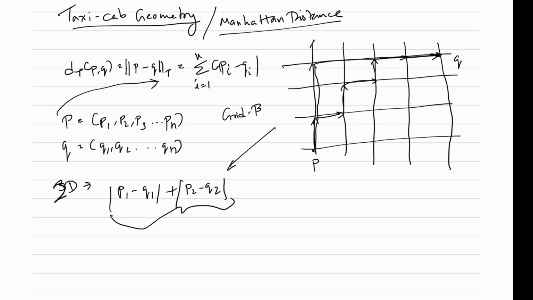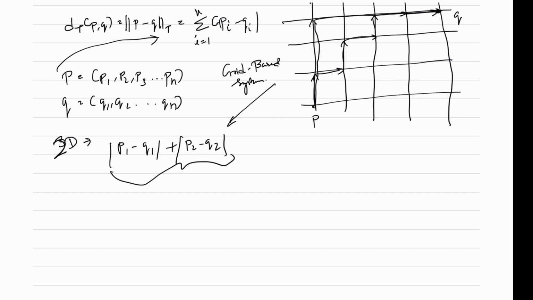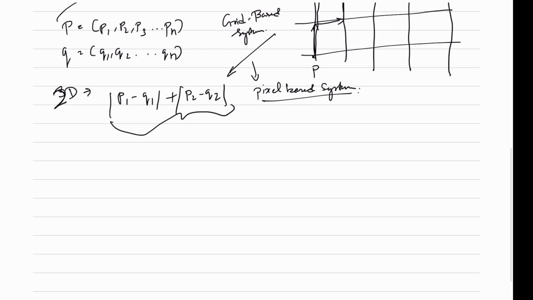So in a grid-based system, this is definitely useful, because in a grid-based system or in a pixel-based system, you can actually evaluate these formulas very easily. So there shouldn't be a big problem for that, right? So that's why I think taxi cab or Manhattan distance formulas are calculated much more efficiently.